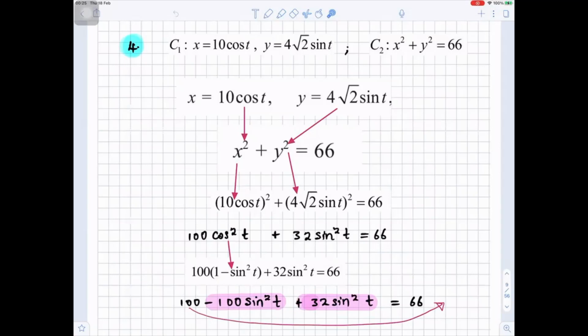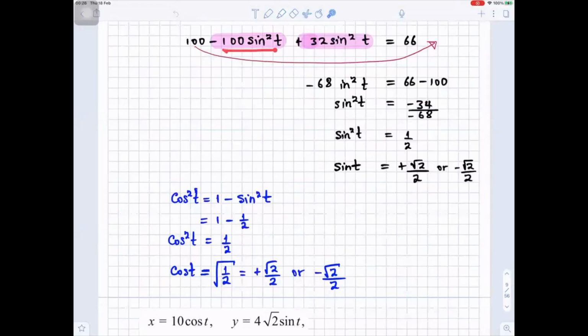And then after that, we remove the bracket. 100 times 1 gives you 100. 100 times sine squared t is minus 100 sine squared t, plus 32 sine squared t, equals 66. We would take the 100 to the right hand side. It becomes minus 100.